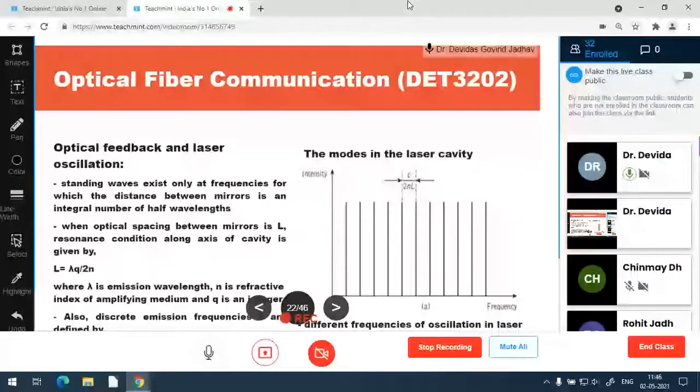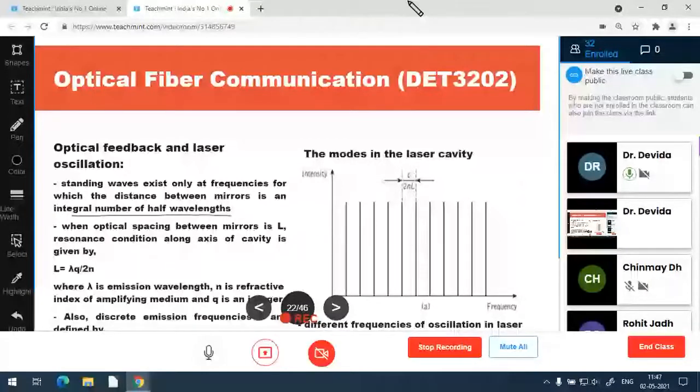And that standing wave exists only for the frequencies which are an integral multiple of the distance L in between the mirrors. Okay. So the distance between the mirrors is an integral number of half wavelengths of the standing waves.